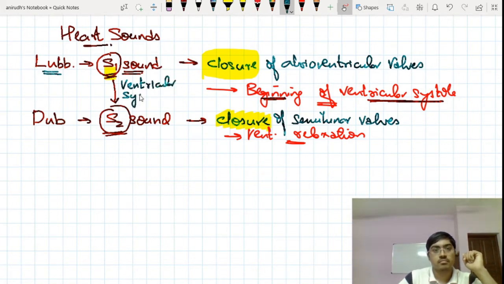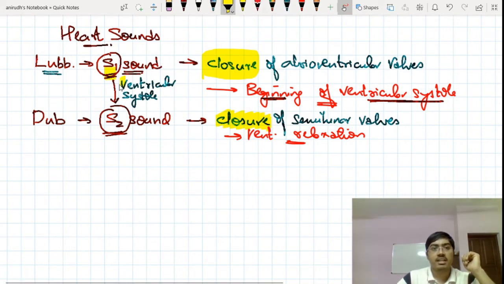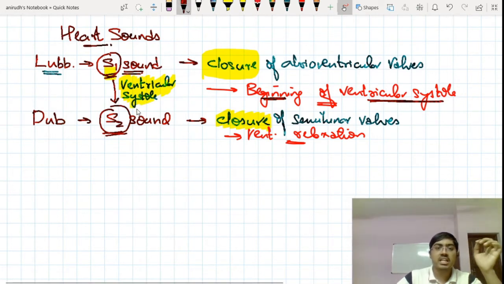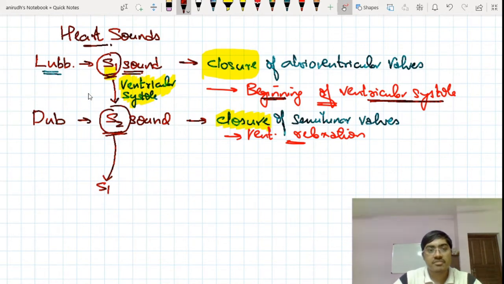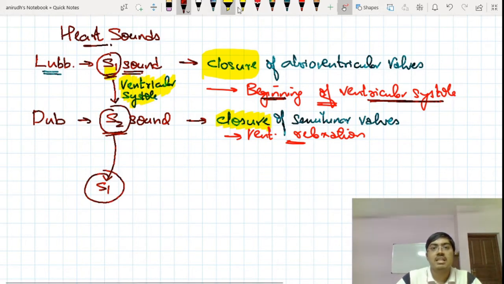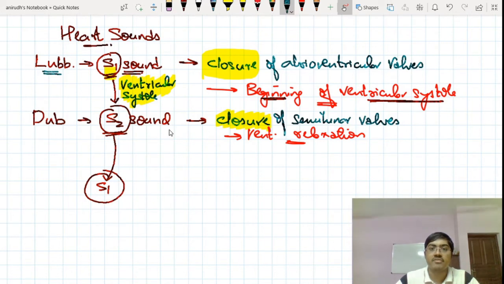So between S1 and S2, there is ventricular systole which is taking place, and after S2, after some more time you are going to hear S1 again, and in this time your ventricle will start relaxing. So it is at the starting of ventricular relaxation.